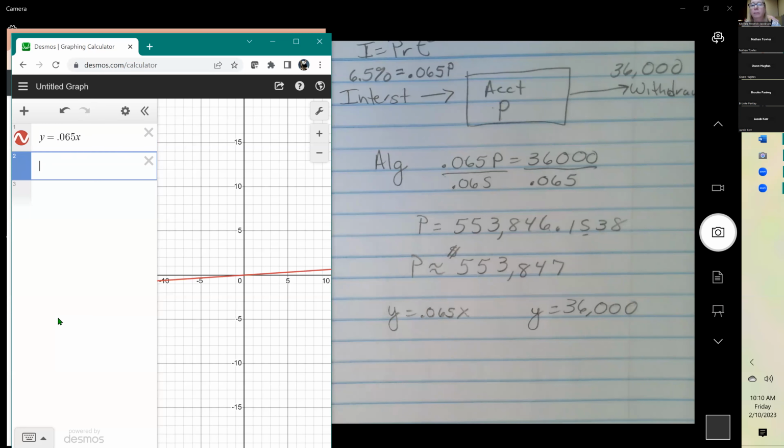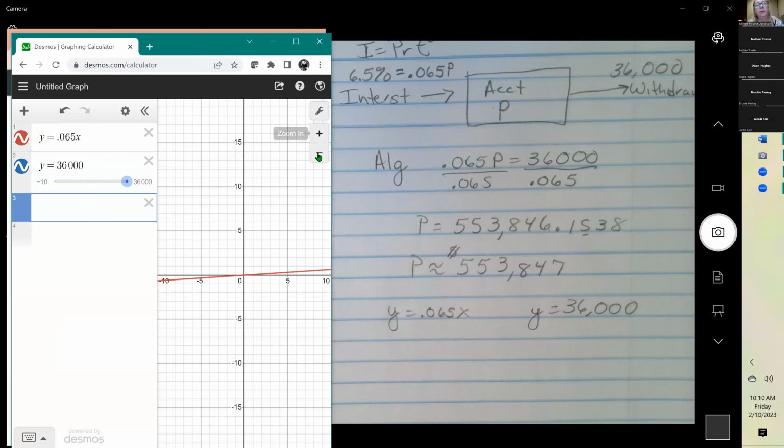So you just type both equations. It's only showing my red line. Well, look how low my numbers are. That's why.